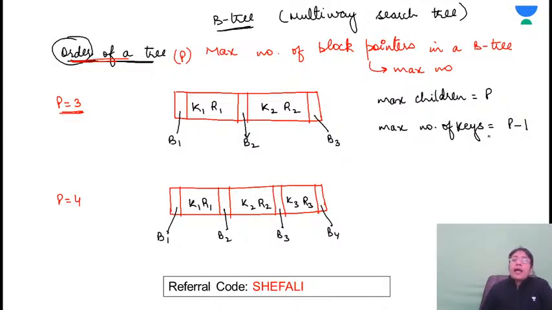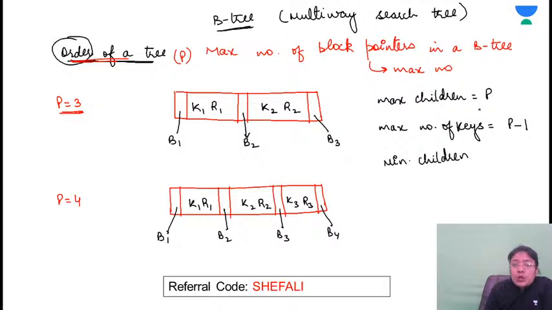But we are saying that multi-level indexing, dynamic multi-level indexing B tree or B plus tree ensures at least 50% occupancy. When do we consider the at least or minimum case? When we are going for the deletion of elements from the B tree or B plus tree. So according to 50% occupancy, what will be the minimum number of children for any node?